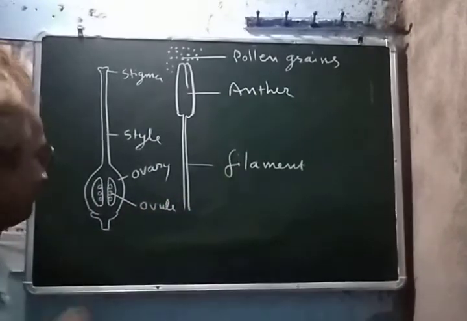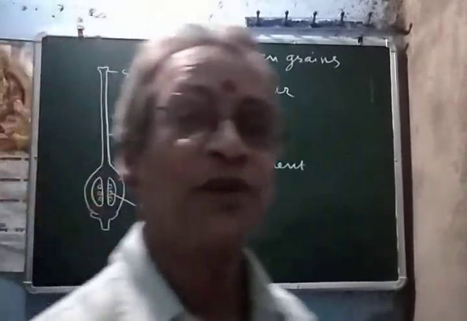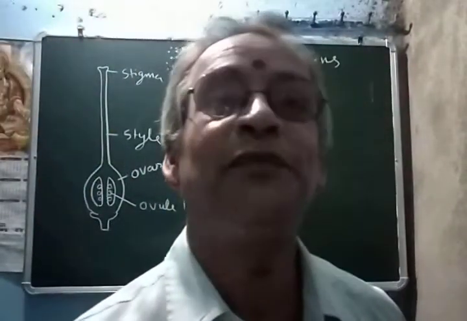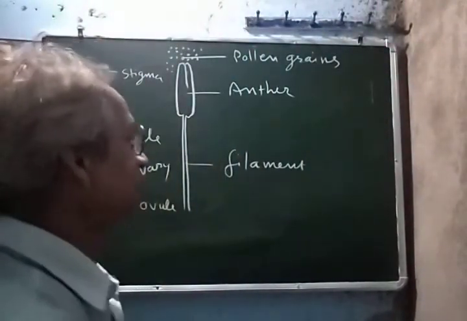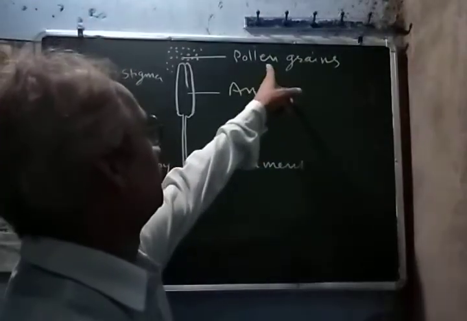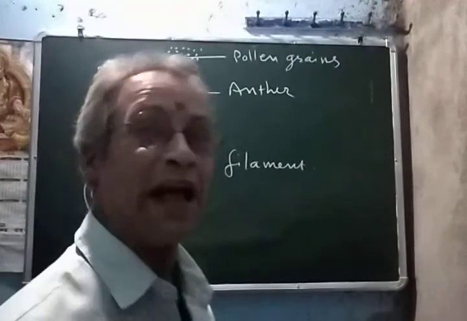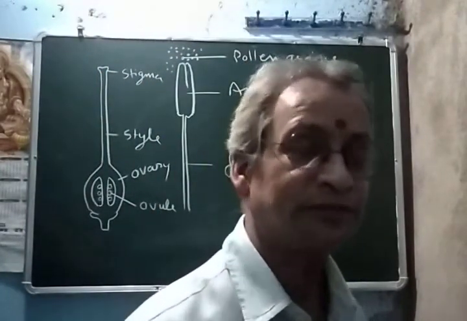Ovule. Each ovule produces a female gamete, and each pollen grain or microspore produces male gametes.